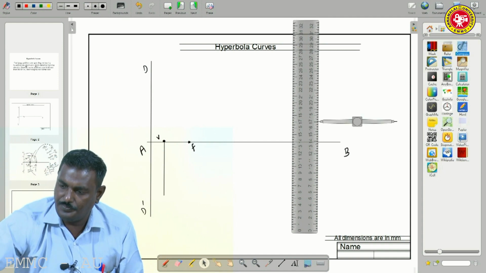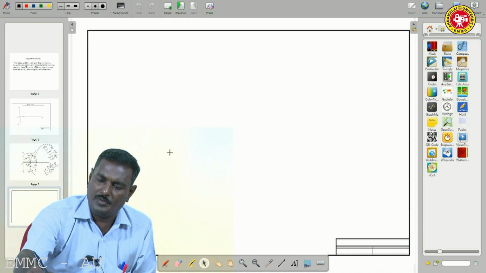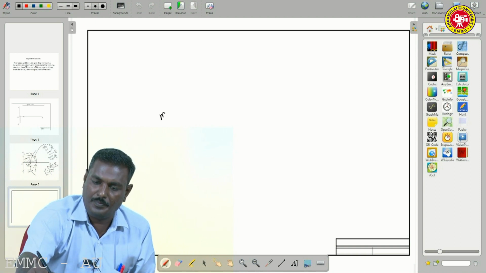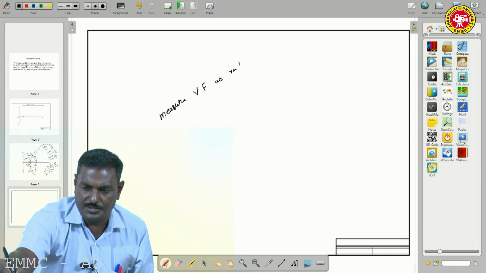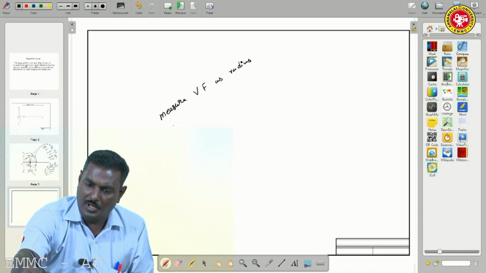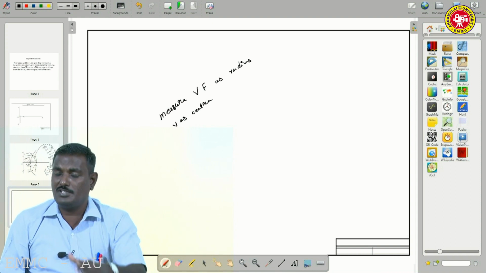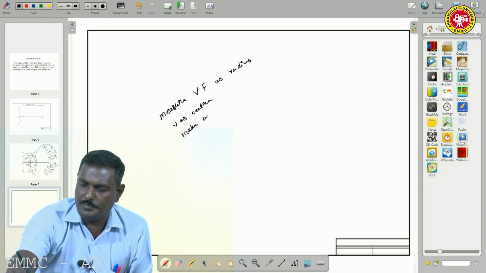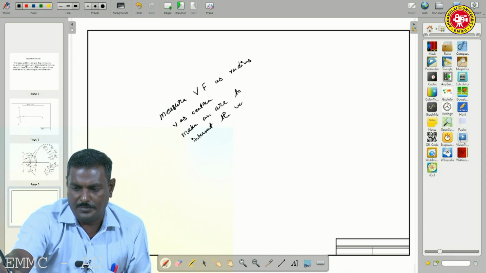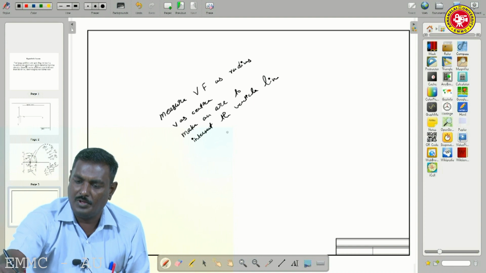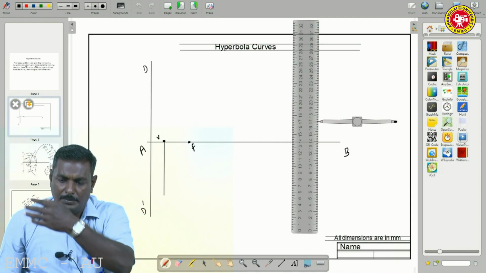Then take the compass, measure VF as radius, with V as center, make an arc to intersect the vertical line from point V. So that is the logic. Here, how to do it?